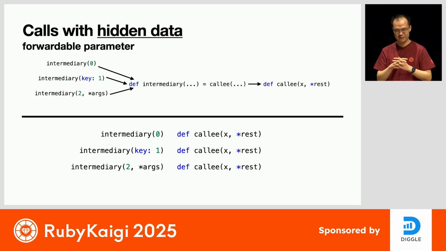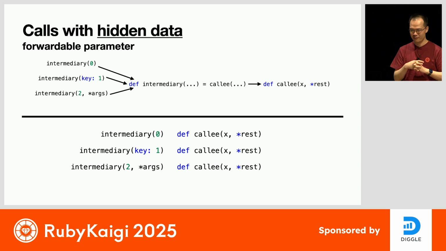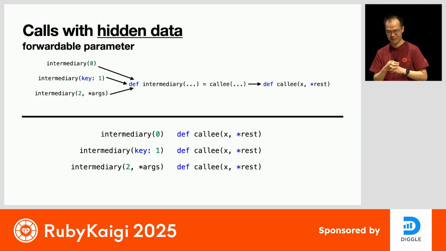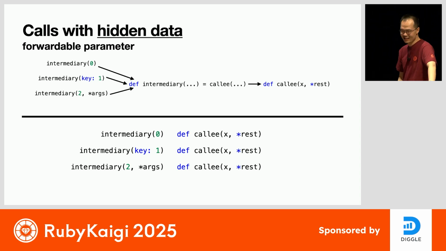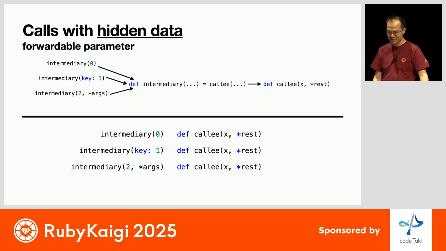Another category of call data that passes hidden data is for forwardable parameters. This started to pass hidden data in 3.4 to reduce GC allocations, thanks to Aaron Tenderlove Patterson. He coined the terms forwardable and forwarding.